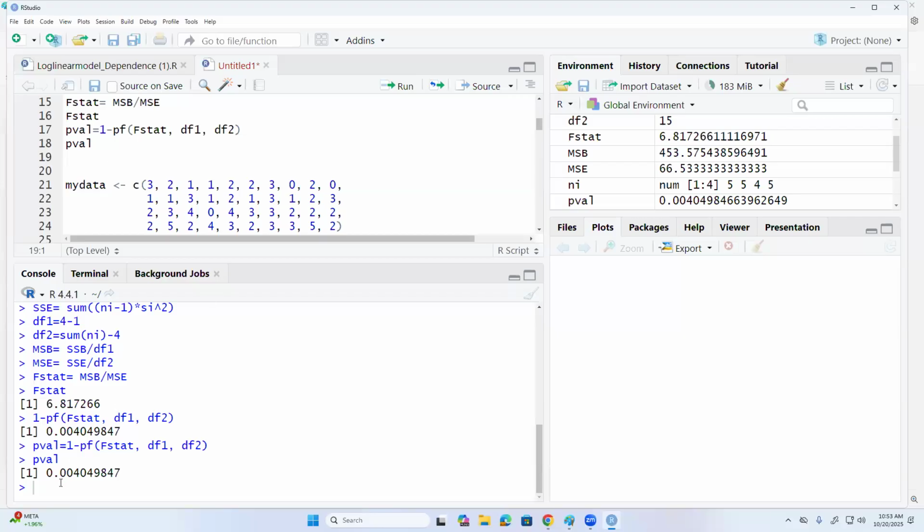The p-value is 0.0040. Typically we test the hypothesis at the 5% level.